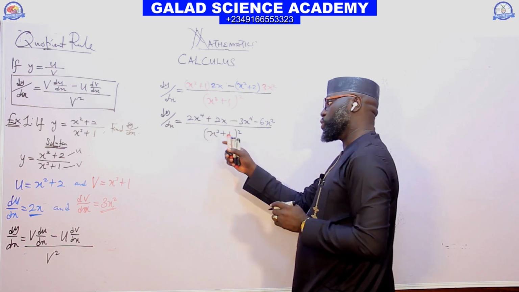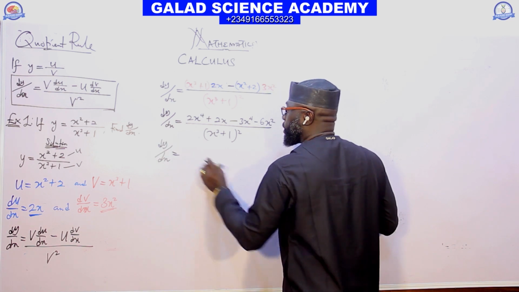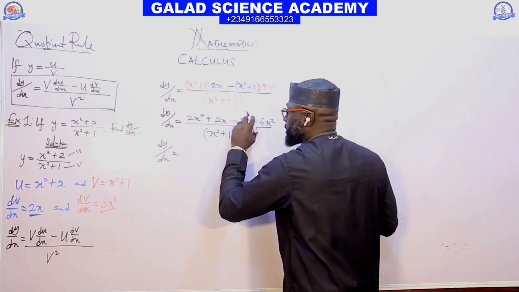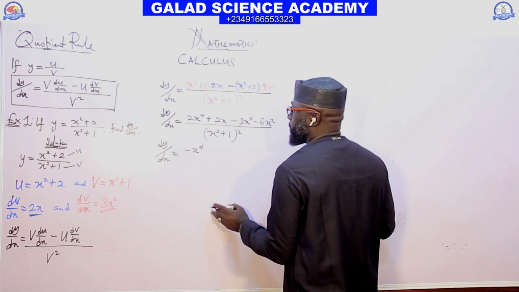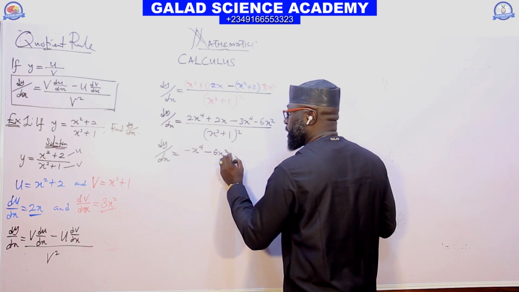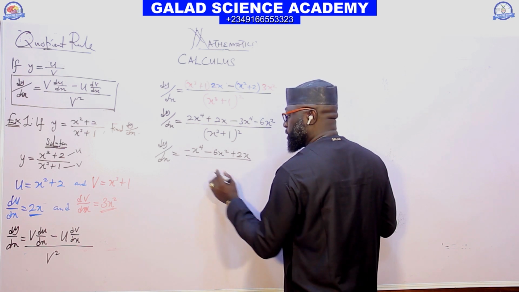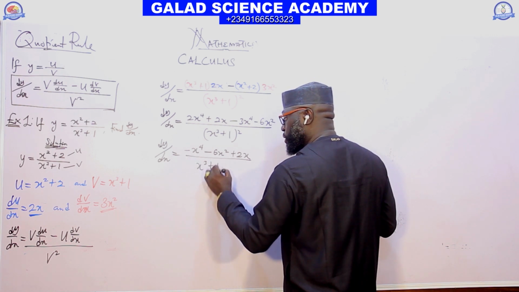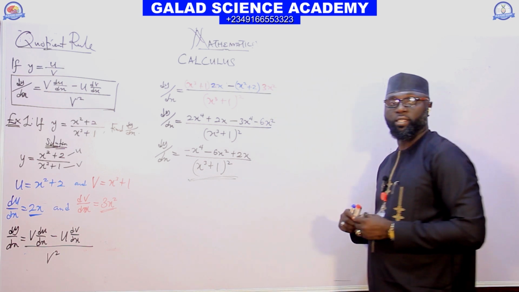There's no need for you to expand this. You now have dy/dx should be this: minus x raised to power 4, then we have minus 6x squared plus 2x, everything over x cubed plus 1 squared. This will be the final answer.